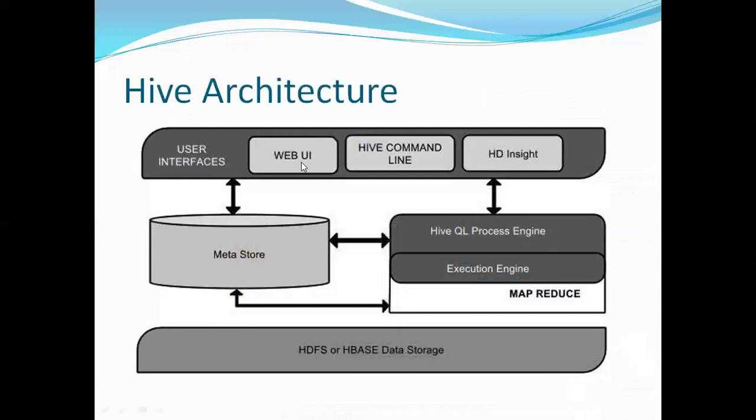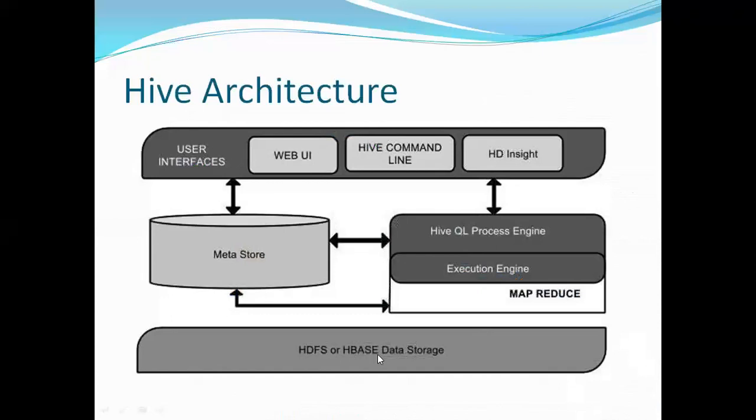We will access it using the web UI, the Hive command line, or HD Insight. HD Insight is just IBM's thing, and we can use it to access Hive. Whenever we run Hive queries, they go to the HiveQL process engine. It will contact the metastore and get the data, and then execute it. The execution engine converts whatever process we have run into MapReduce, and that will run on HDFS or HBase.